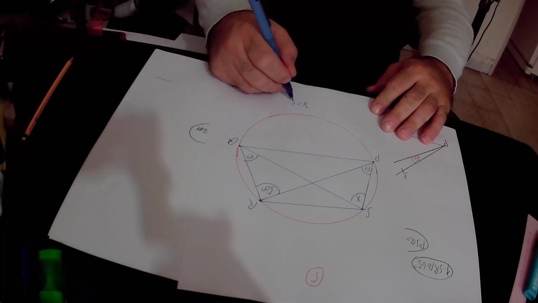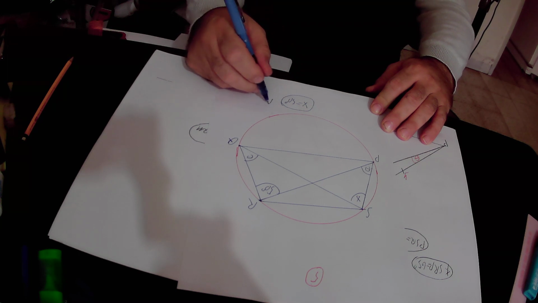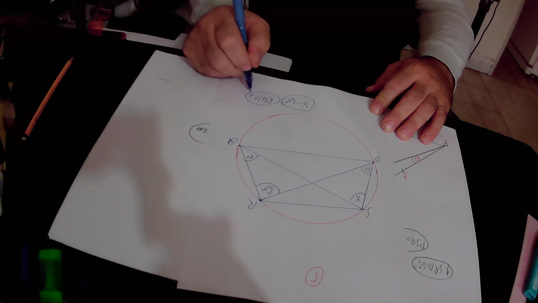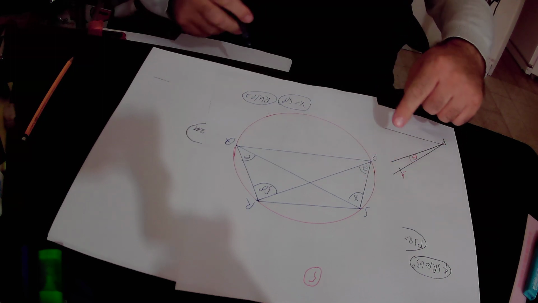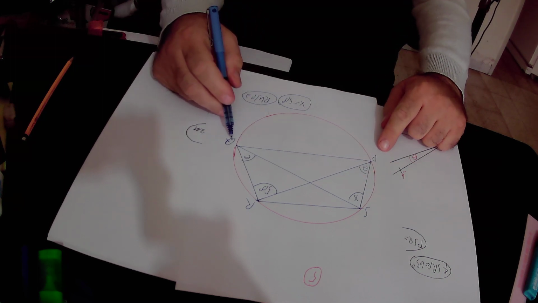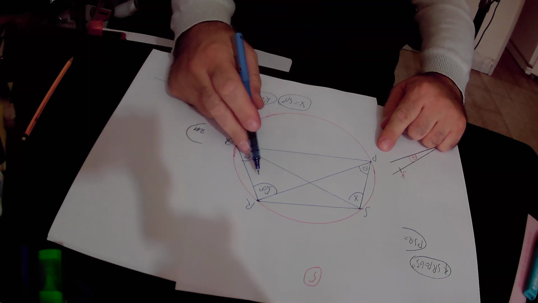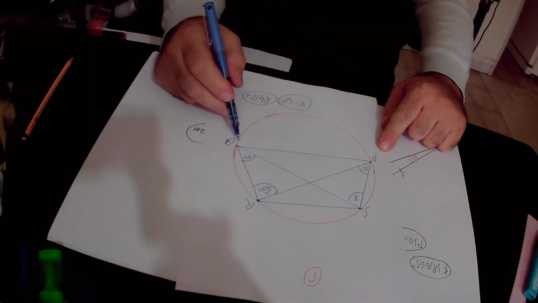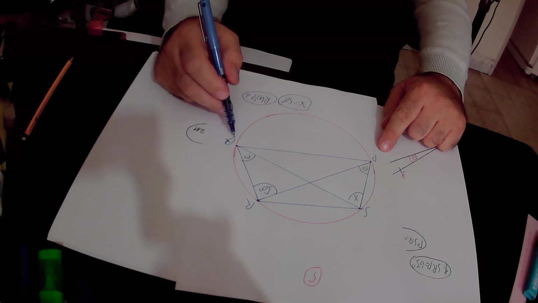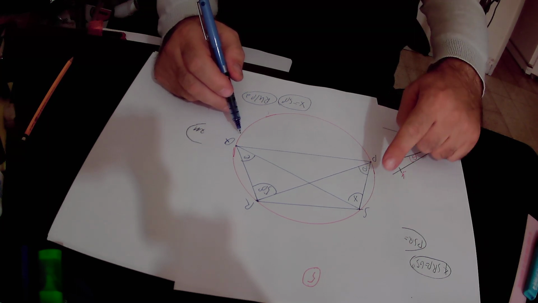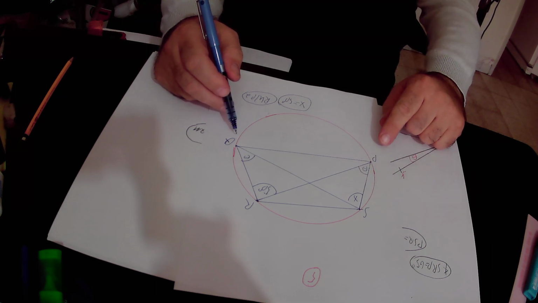X equals 50 degrees according to rule number 2. Again, peripheral angle X lies on chord PQ, and angle PRQ that equals 50 degrees subtends on chord PQ, and peripheral angle X subtends on the same chord PQ.